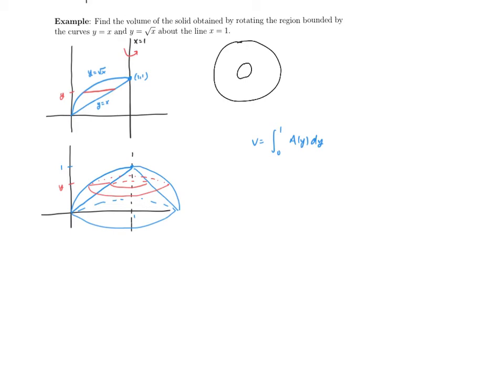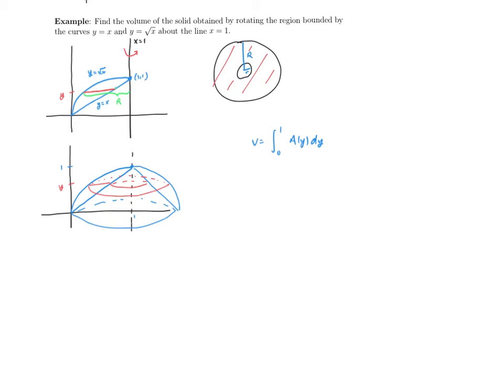So we do have this typical washer. We have to think about the small radius and the big radius. And in this case, we can see the big radius and small radius in our picture. The big radius is going to be the distance that the furthest away curve is from the line x equals 1.